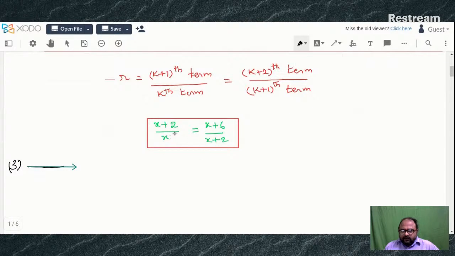Now you cross multiply this to x plus 2 multiplied by x plus 2 equal to x multiplied by x plus 6.